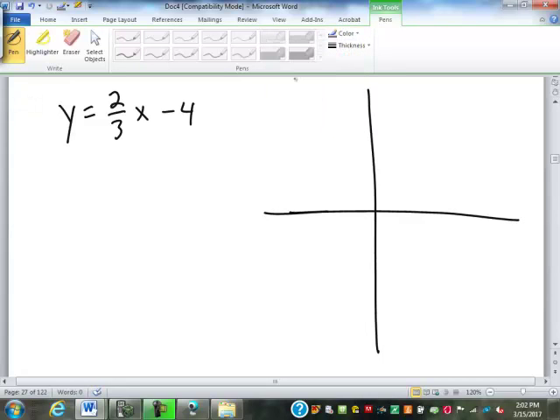Now remember, there's two pieces of information in this equation. The number that multiplies the x is the slope. That tells us what to do after we've got our starting point. The other number is that y-intercept. That's our starting point.